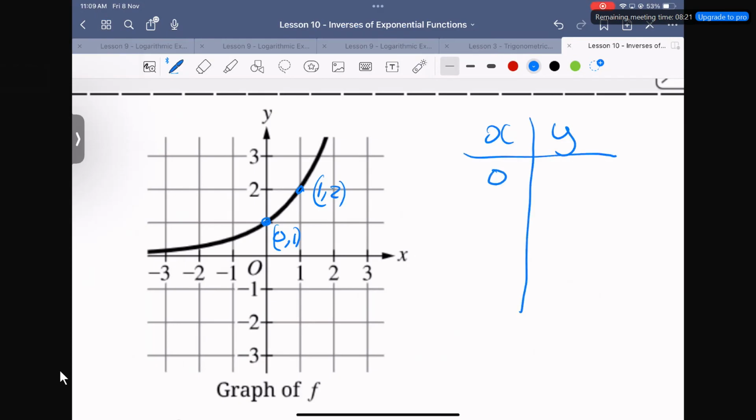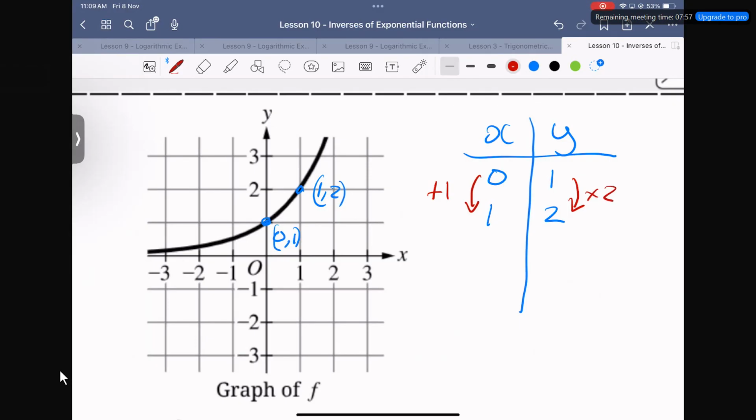This goes through 0, 1, 1, 2. And we know what type of function is this? This is exponential. So the input value should be what? Additively or multiplicatively? So the input is +1. So the output has to be multiplicative. What is the multiplicative output here?